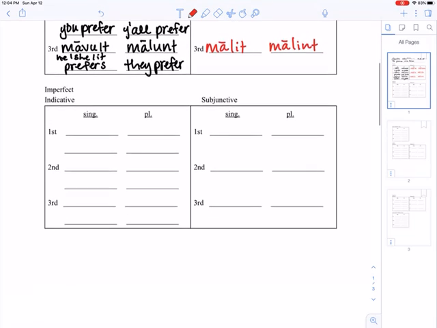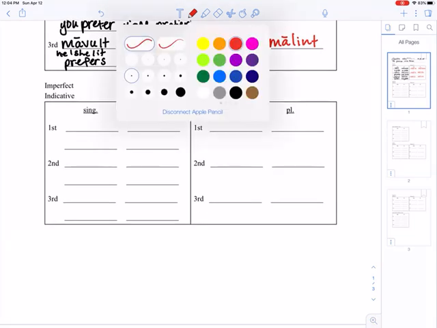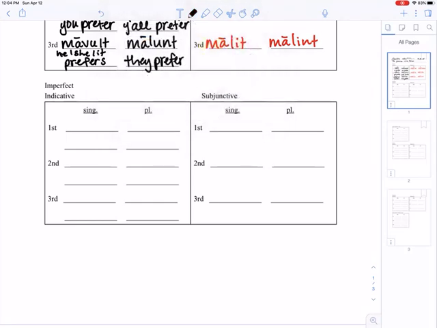Now, just like we did with volo and nolo, for the imperfect indicative, we're going to treat these like a third conjugation verb. So after we have our little stem, which again is mal, we're going to add that E that would have been in parentheses, and we're going to put a macron over it, and then bam. So malebam.